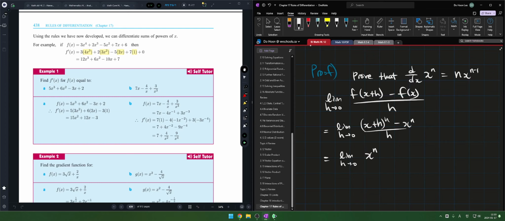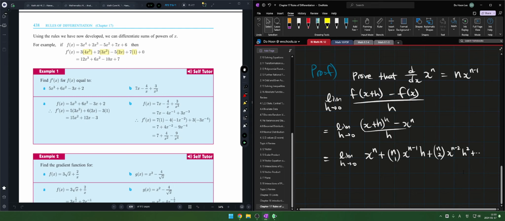It becomes x power of n. Then the next one will be what? N choose 1 or something. Was it like that? N choose 1 times x power of n minus 1 times h. Then it's n choose 2 times x power of n minus 2 times h squared, and so on. Right? Do you remember this?